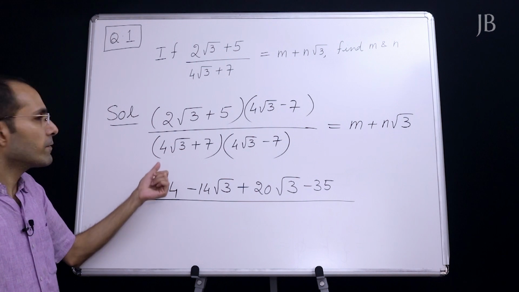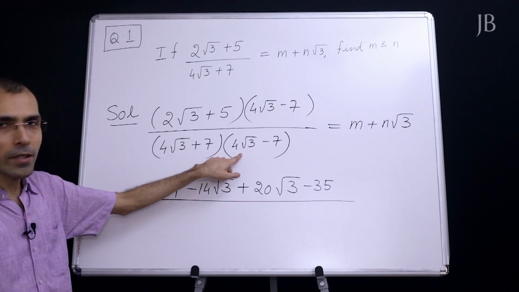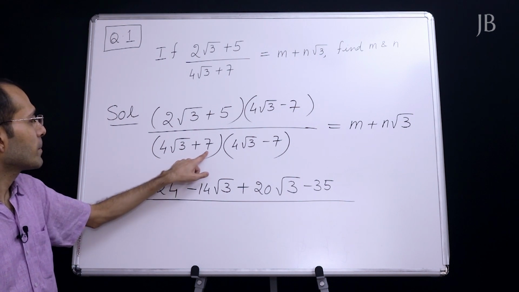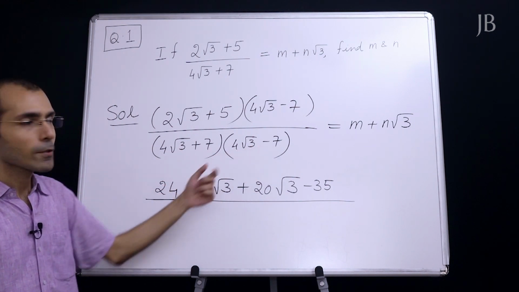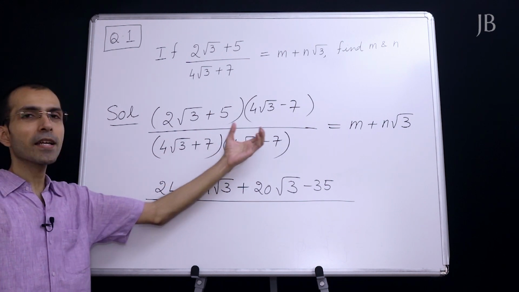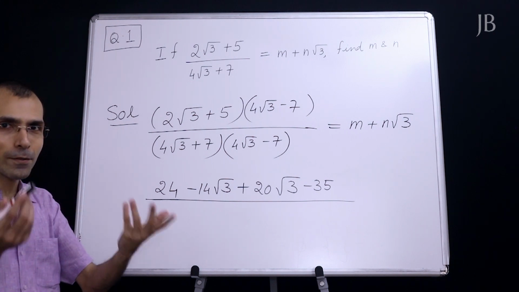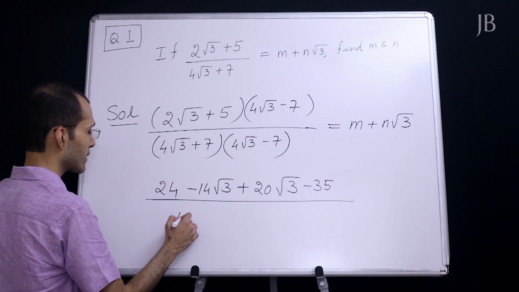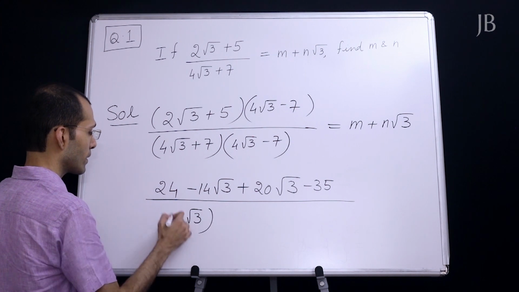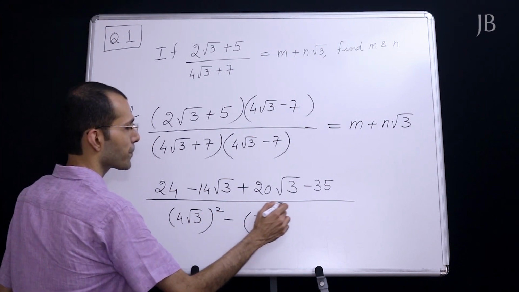But if you observe, we come to a conclusion that if this is A, then this is also A, same term. This is B, this also will be B. So it becomes A plus B into A minus B. What is that? A square minus B square. So we can write this as 4 root 3 the whole square minus 7 square.